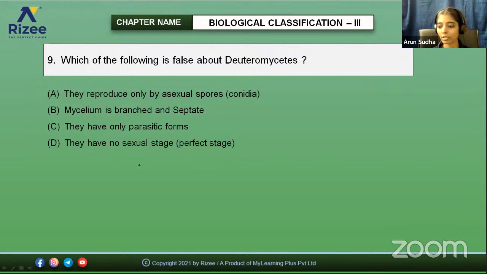So which is false in the case of deuteromycetes? Here, they reproduce only by asexual spores is correct. Yes, option C is the correct option.